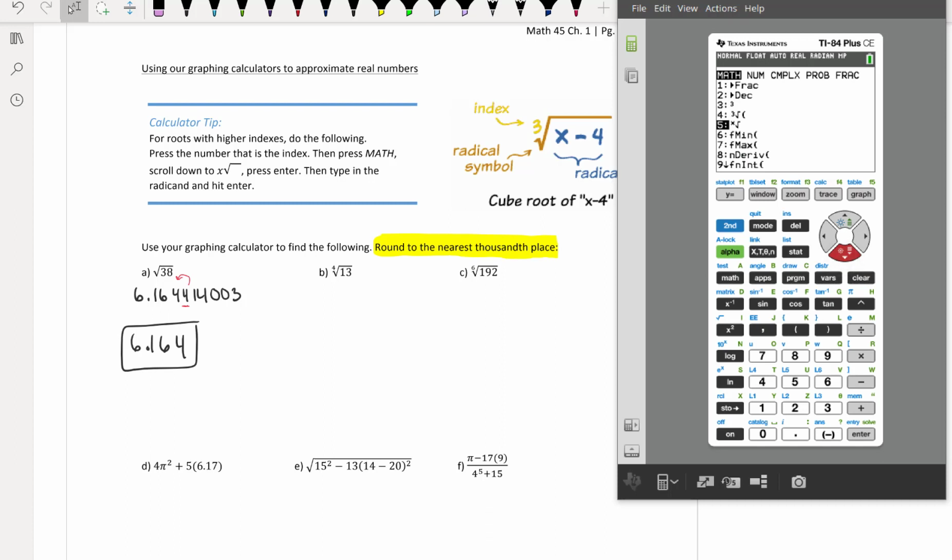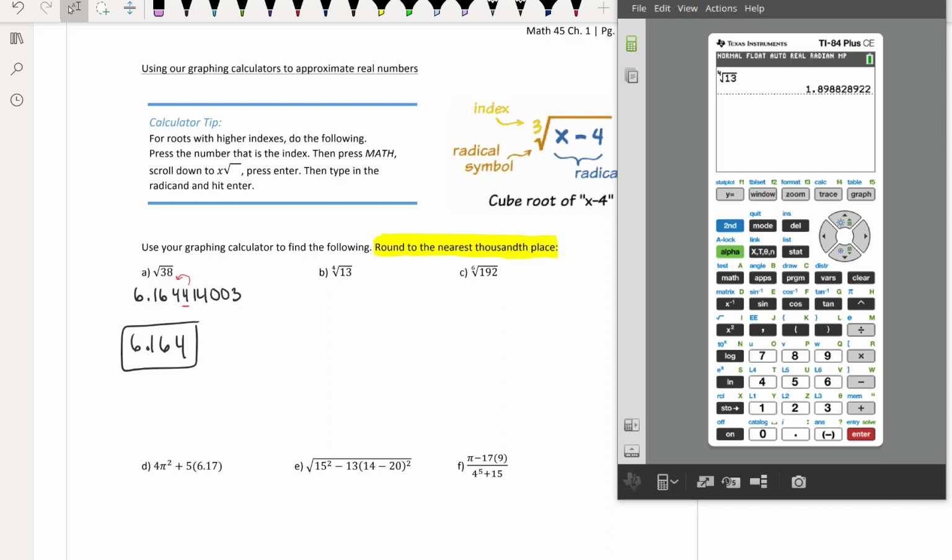Once I'm at number 5, it gives me the index that I want to be calculating. So instead of a square root or a 3rd root, in particular for part B, it's going to be a 4th root. So I'm going to click that option. I'm going to put my 4 in, and then inside the calculator, I'm going to plug in my 13.